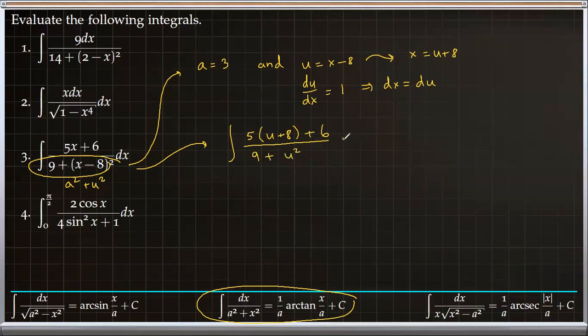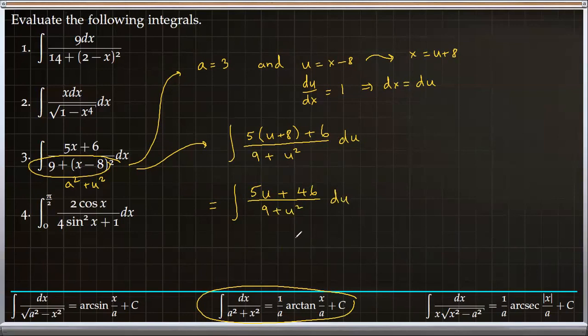And dx is simply du. Simplify this top part and see how it looks. We have 5u plus 40 plus 6, which is 46, divided by 9 plus u squared du.